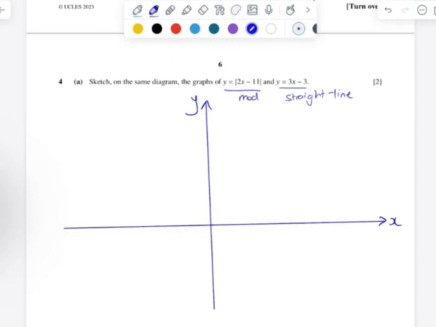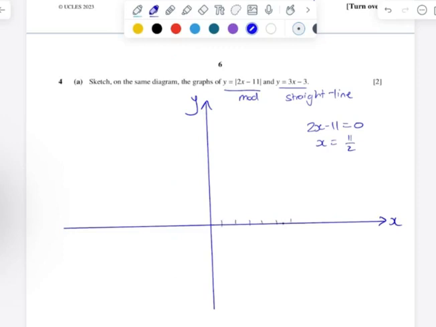Okay, and the easiest way that I draw my mods is I like to find where is my new x-axis. So you can make what's inside the bracket equal to 0. And that is 11 over 2. Just going to give me 1, 2, 3, 4, 5.